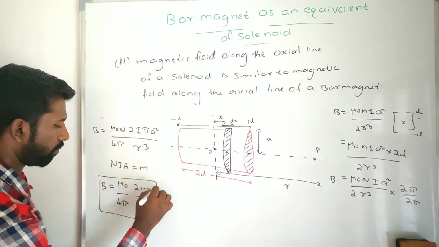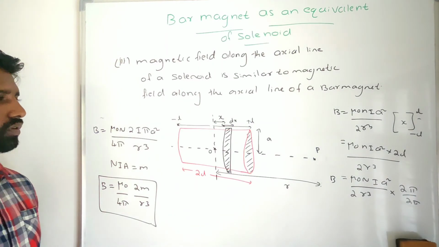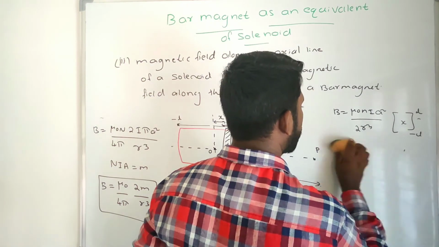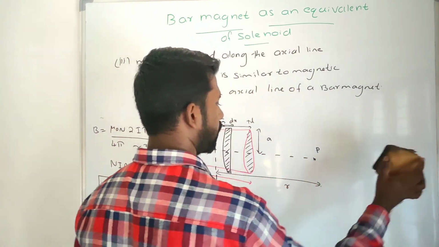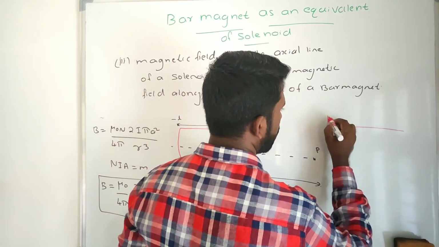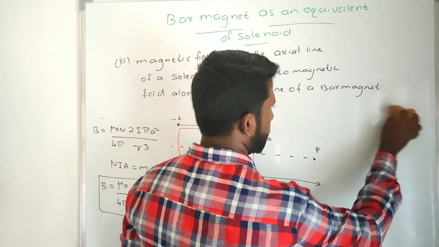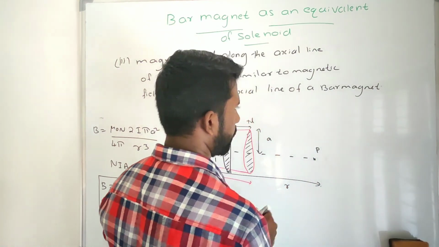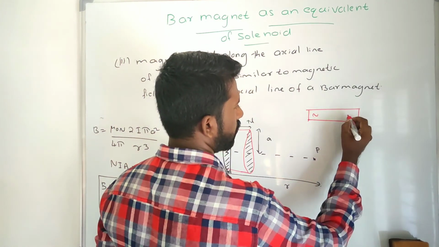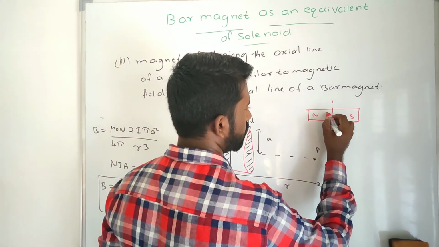This is the magnetic field at a point along the axial line of a solenoid. We will check whether we get a similar formula for the bar magnet or not. So I am going to consider a bar magnet. This is a bar magnet, this is the north pole and this is the south pole, and this is the center.